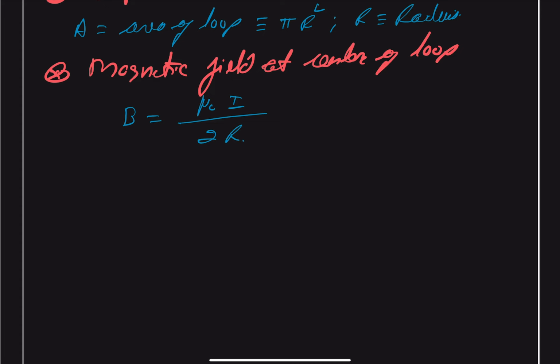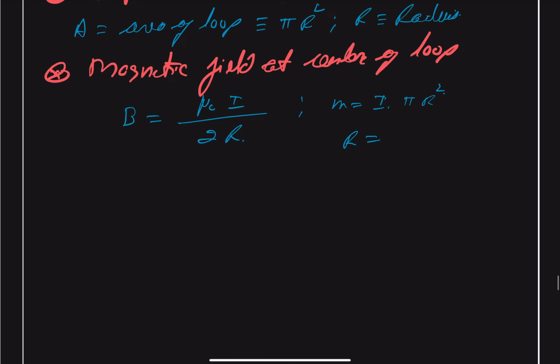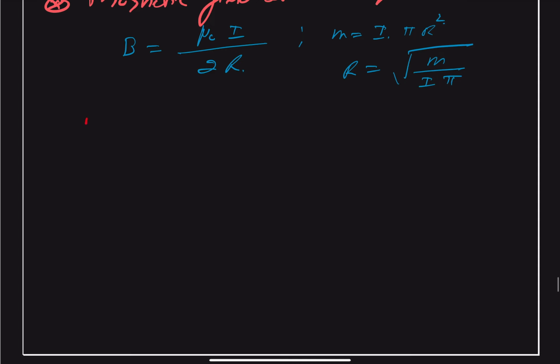And we already know that our magnetic moment is I multiplied by pi r square. So therefore we can write that our r is equal to square root of m divided by I multiplied by pi. So therefore we can write our magnetic field B is equal to mu naught I upon 2 times square root of I pi upon m.